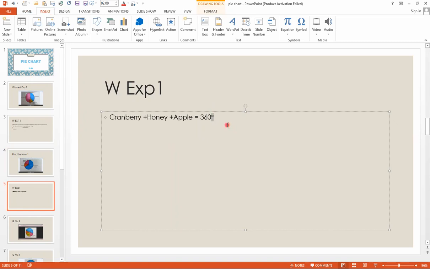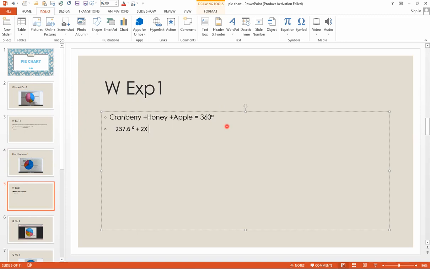Now we come to the next point. Now we have to put the value of cranberry in degrees. How much cranberry value is given here in the question? That is 237.6 degree. The next one is honey, and that one is 2x.